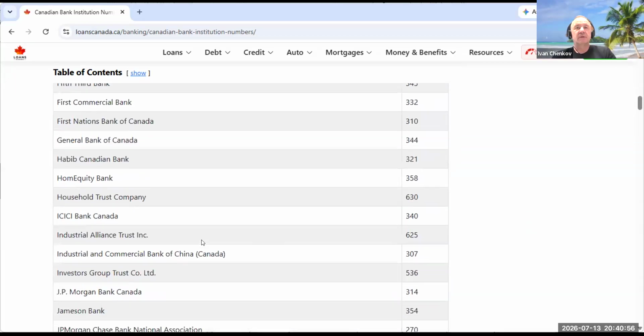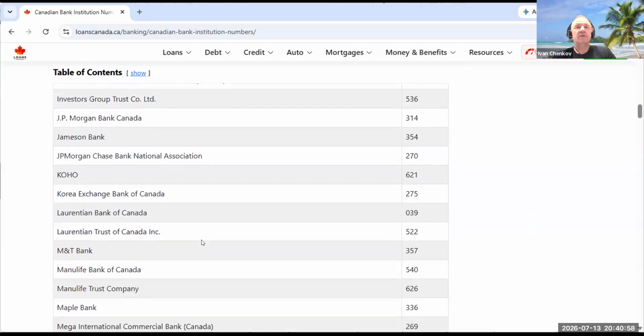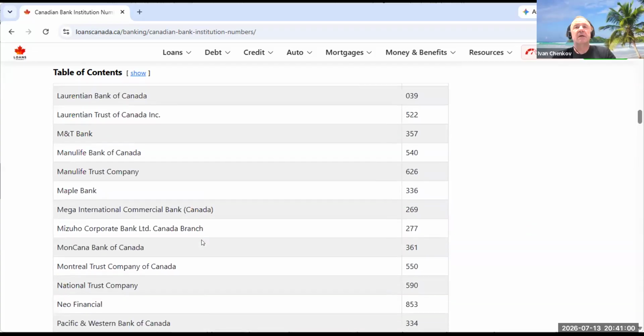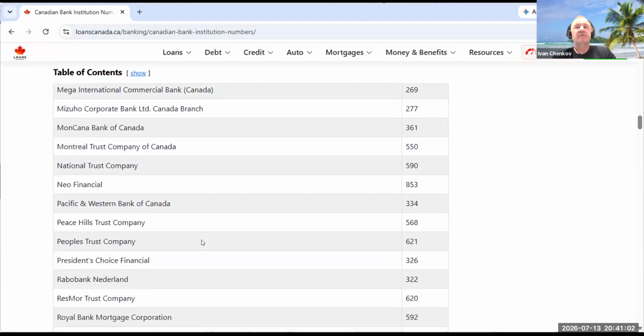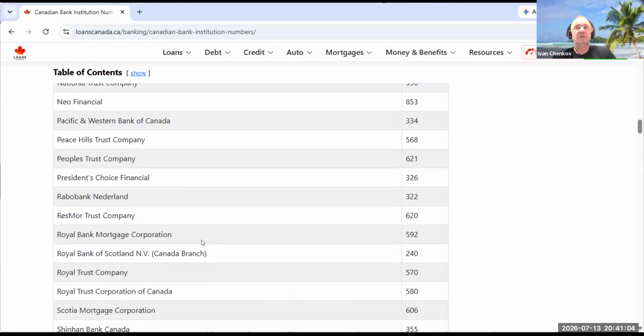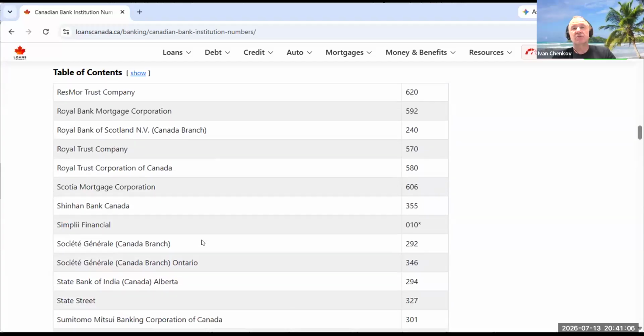Those are all three digits, as you can see, and all the different banks have their specific unique number. On the check that we have on the slides, the number was 131. Let's see if that number shows up somewhere here. Find 131.